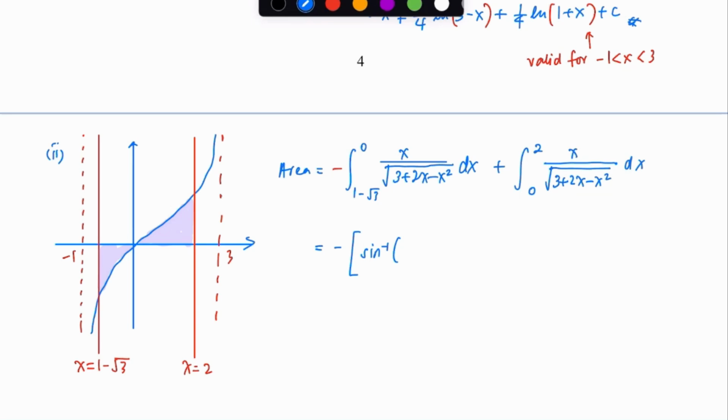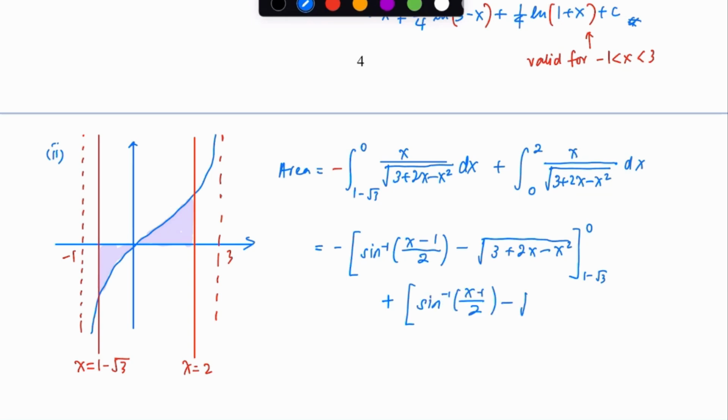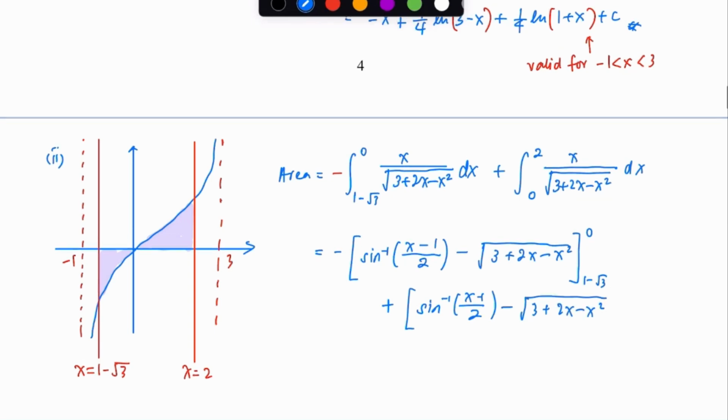So sine inverse of (x minus 1) over 2, minus this thing, between this, plus this, from 0 to 2.